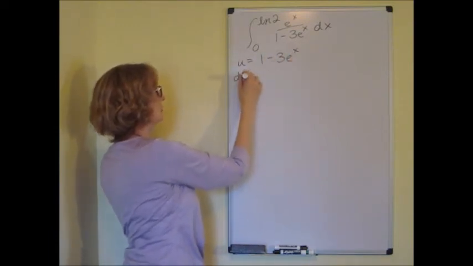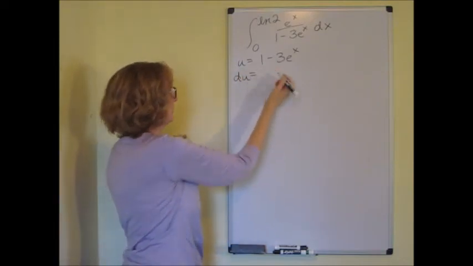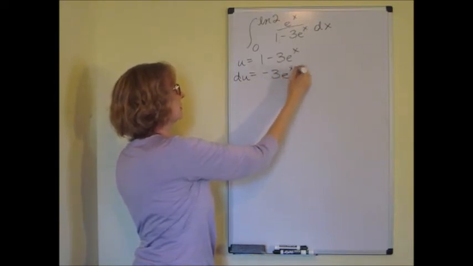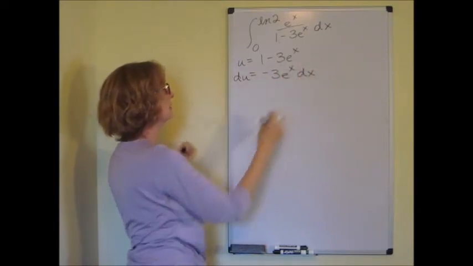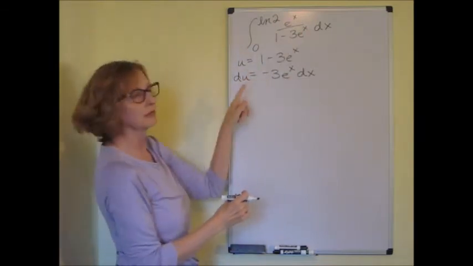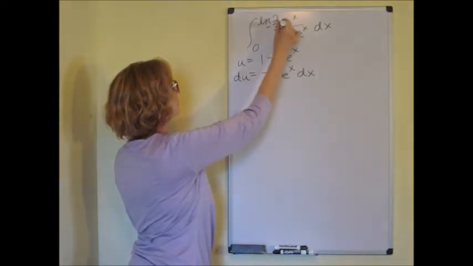And when I take the derivative of u, that's just going to give me a negative 3e to the x dx. Alright, well, I've got e to the x dx. What I need is a negative 3. So I'm going to multiply by a negative 3 here to get what I need.